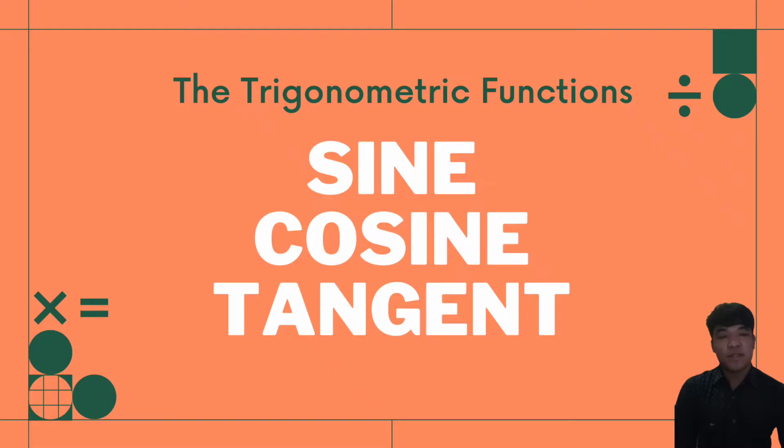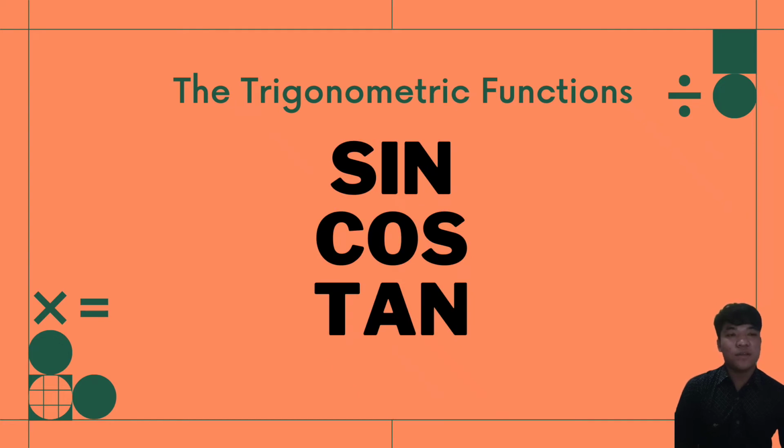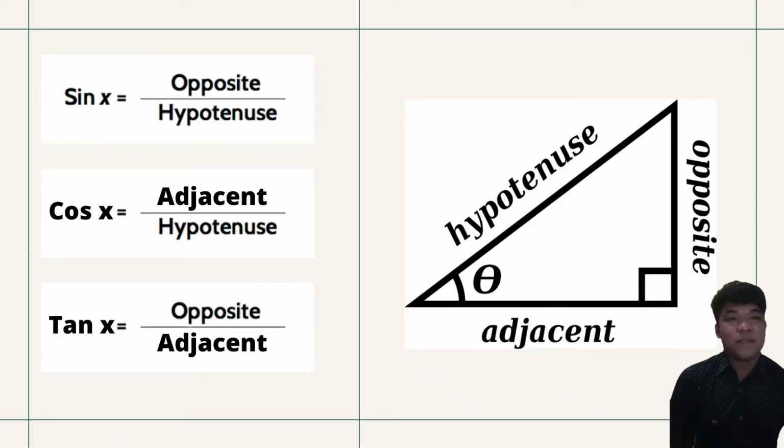So here, as you can see, the trigonometric functions are sine, cosine, and tangent. And they are actually called sin, cos, tan for short. So as you can see on the right side, we have a right triangle.